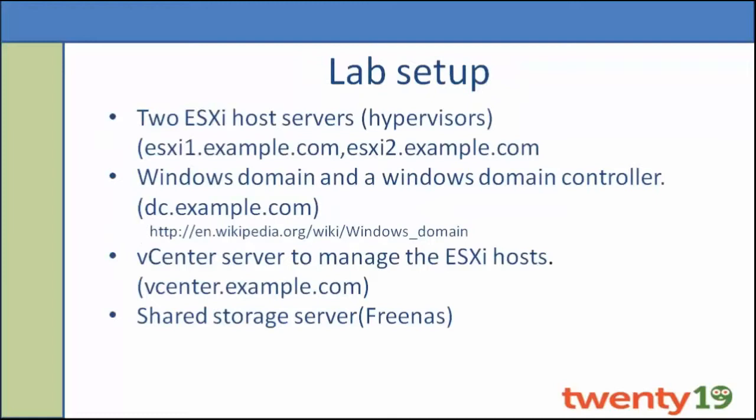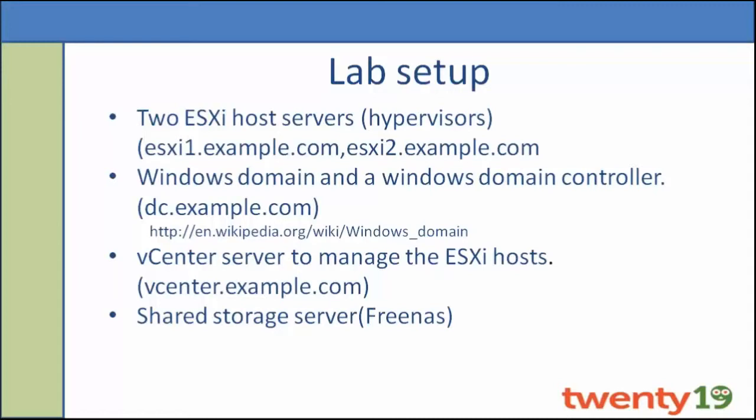So basically what we are going to do in this lab is set up 2 ESXi host servers. So we are going to create multiple virtual machines, and 2 of them would be running as ESXi hosts, and in those ESXi hosts we are going to create again virtual machines. Other than the 2 ESXi hosts, we are going to create a Windows domain and a Windows domain controller.